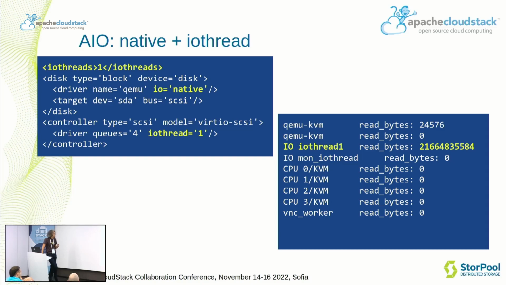It can be enabled in the libvirt definition with this element, iothreads, and the number of iothreads. You may have more than one. And then on the device, you can specify which iothread will serve requests from this device. With this configuration, there is a dedicated I/O thread that is a persistent I/O thread. It's always there, and all the I/O requests are served from this thread instead of the main loop.